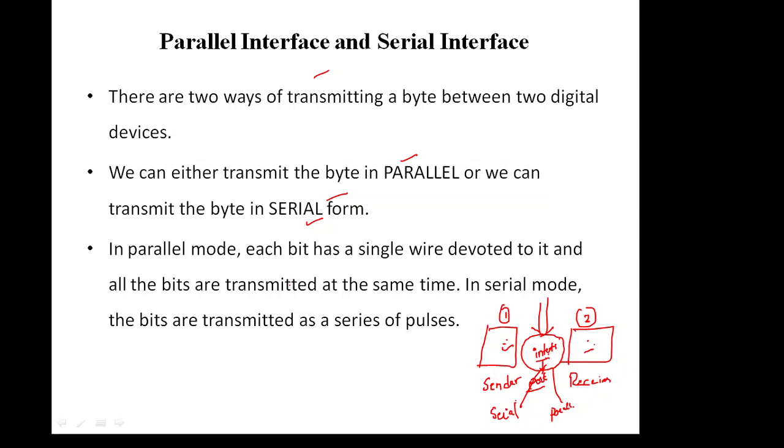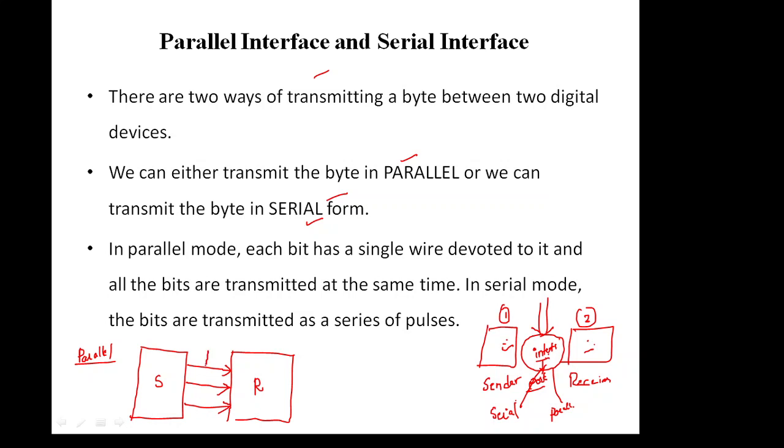When it comes to the parallel mode, here I'll show you a diagram for the parallel mode. In this parallel mode, you have the sender, and here you have the receiver. Parallelly, from sender to receiver, you have many communication lines.